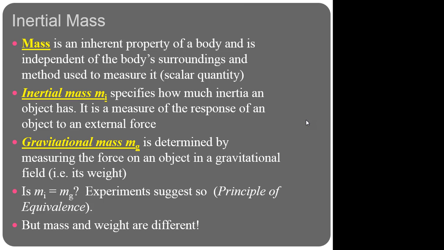Let's just have some fun. Mass. Mass is the property of the body, independent of the body's surroundings, right? We all know that that's governed by the atoms inside it. Inertial mass, which specifically defines how much inertia an object has. Gravitational mass, determined by measuring the force on an object in a gravitational field.